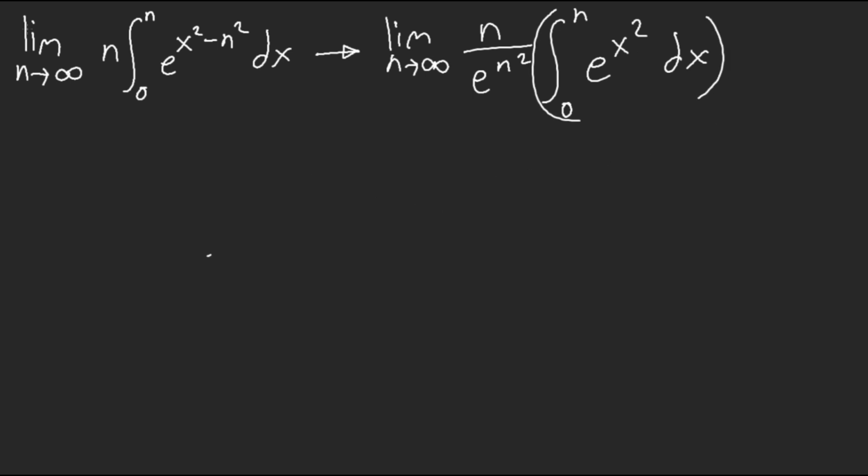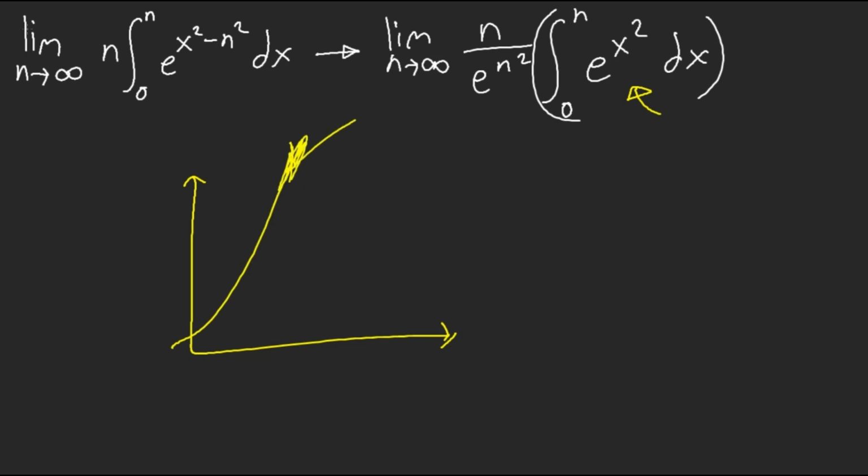The reason is because this function, well, I don't even have to draw a graph actually. This function, e to the x squared, is an increasing function, meaning that e to the x squared, I don't even know what this graph looks like, but I know it's going to be something so high up. So it's going to look like this.